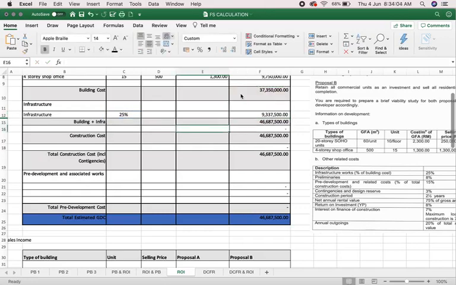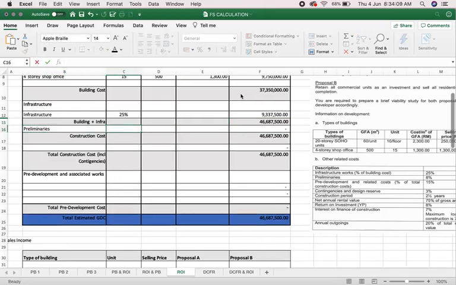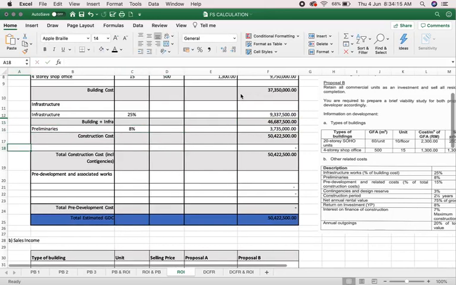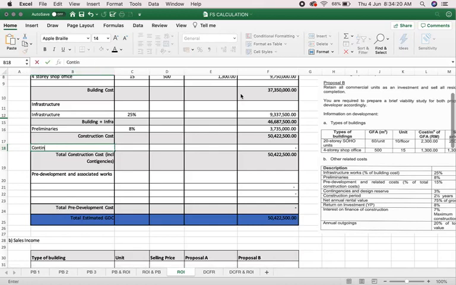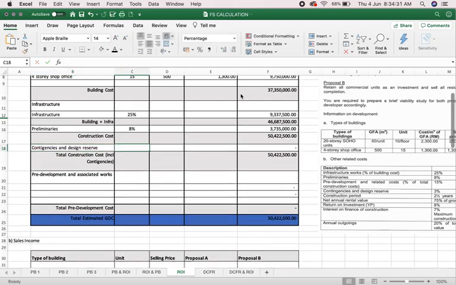And then prelim is 8%, then you will get the result because of the formula we have done previously. And contingencies and design reserve is 3%, so now it is 1.5, so total construction costs including the contingency is 51.